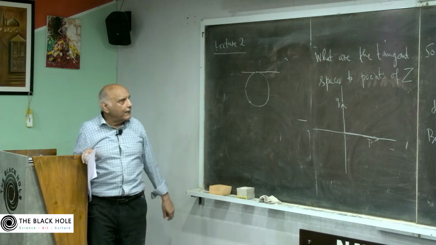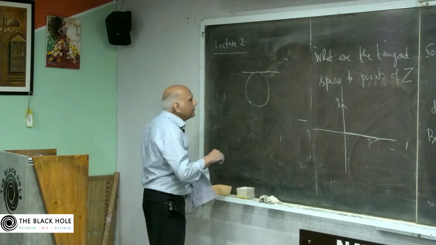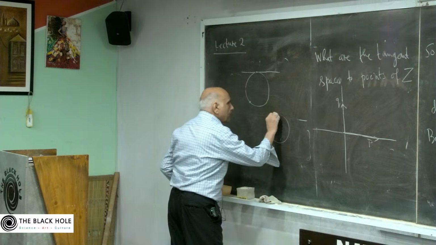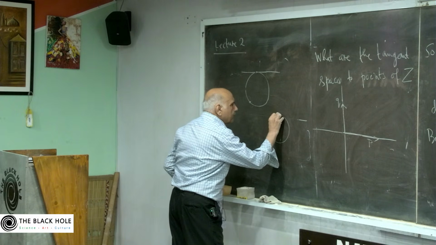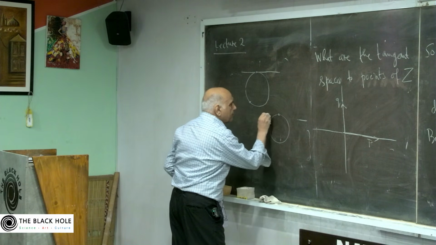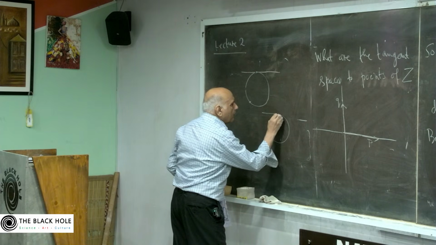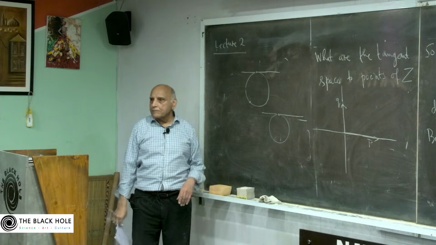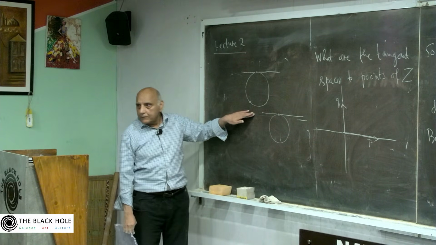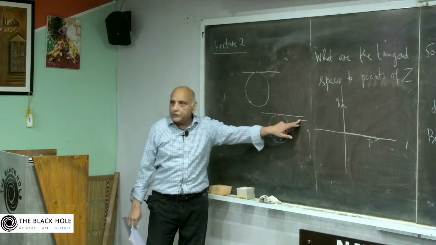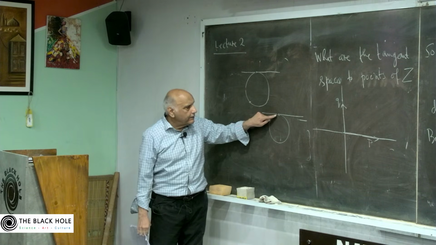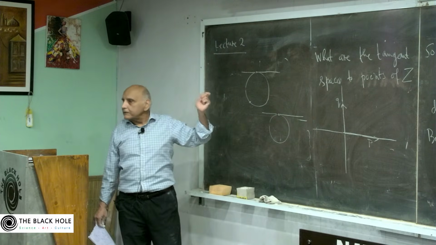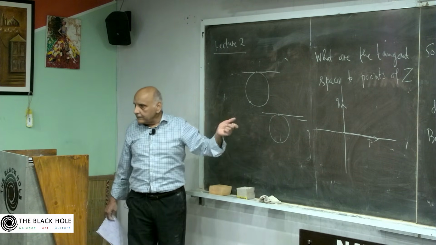Now what happens if you remove this? How many connected pieces are left? One is this portion, another is this portion, and another is this, so you have 3 connected components.